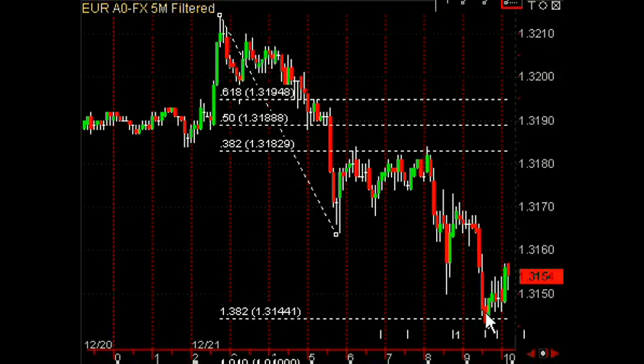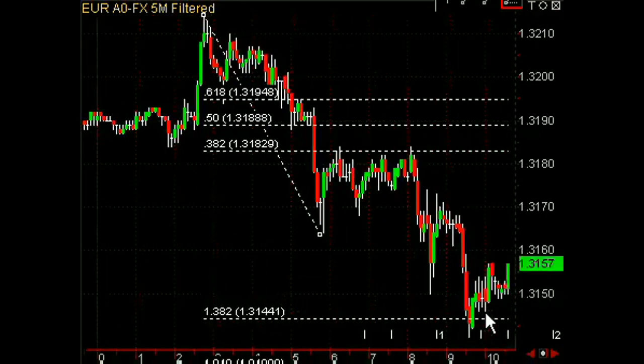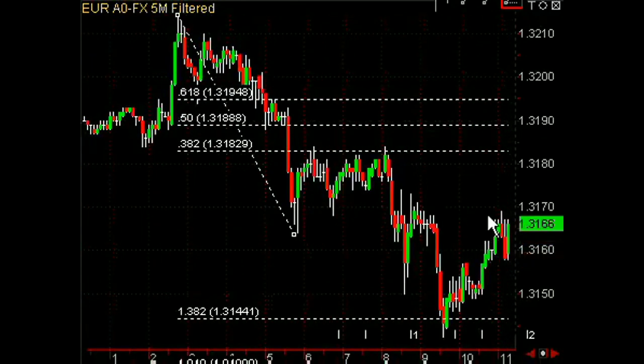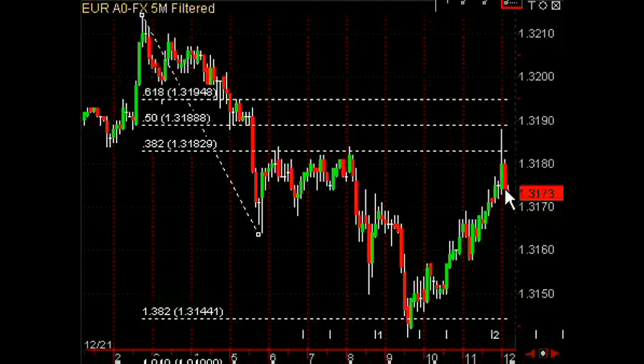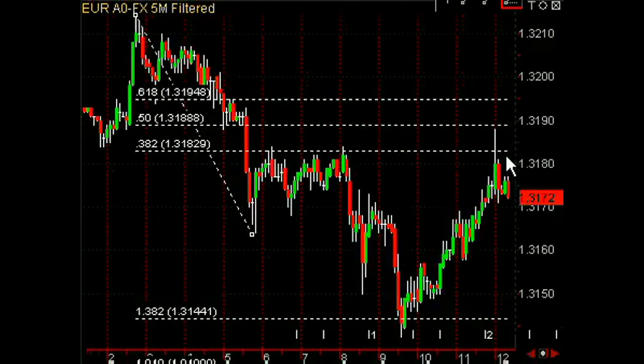You would have bought here at 1.3145. The market went up about 20 pips. Actually went up about 45 pips. So that's a low risk place. If you risk 10 pips down there, again, in this example, you made about 45 pips while risking 10. And these Fibonacci profit targets are about 60 to 70% accurate in my testing.